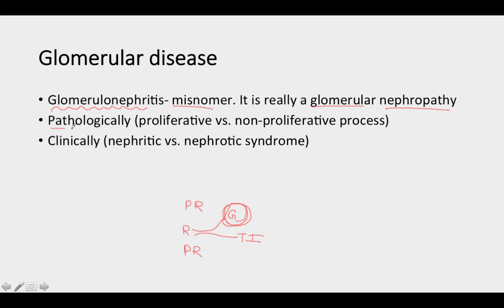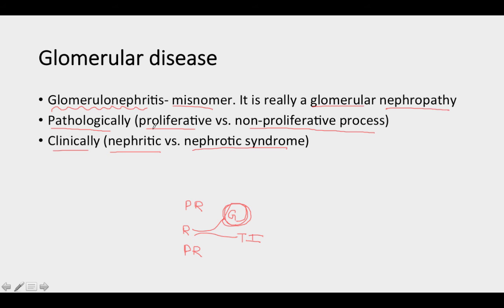And pathologically, when you're breaking down glomerulonephritis, break it down into proliferative and non-proliferative processes. And we're going to talk about this in a second. And clinically, break it down into a nephritic or a nephrotic syndrome. Now, these words were very new to me last year, and this video is all about introducing them to you in a gentle way.